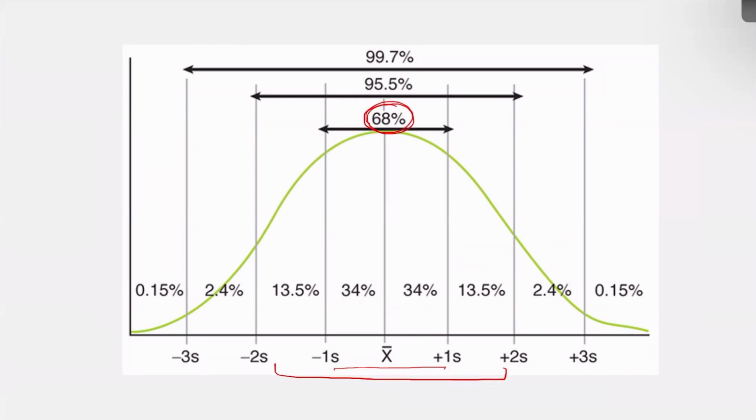Okay. Two standard deviations will cover 95.5% of the data set, and three standard deviations will cover 99.7% of the data set. So these straightforward questions can come up in Step 1 or Step 2 or even Step 3. If you remember these three numbers, you won't have any problem calculating the answer.